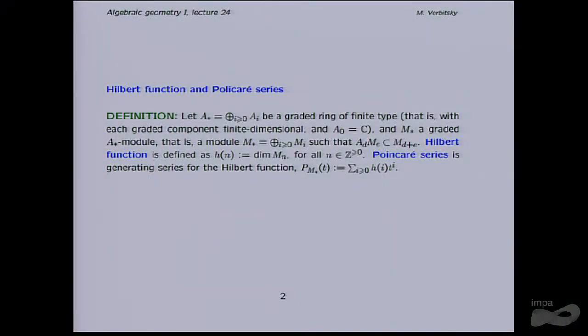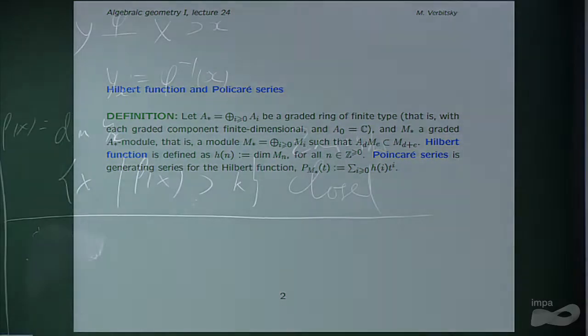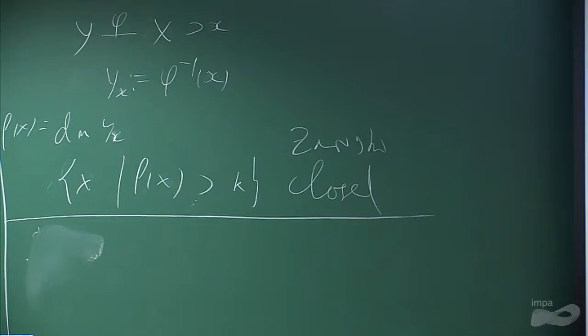Definition. We take A star as a graded ring, and M star is a graded A star module, finitely generated.